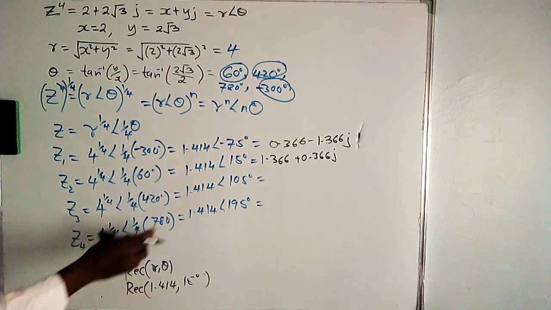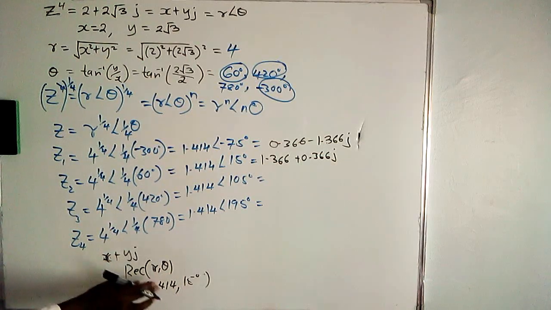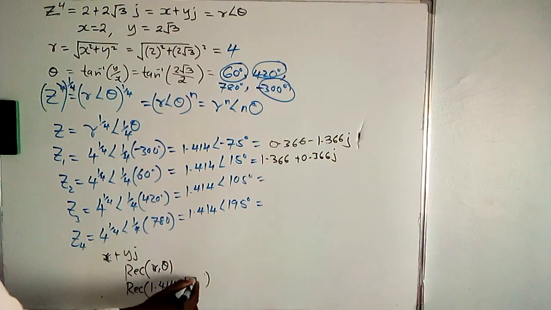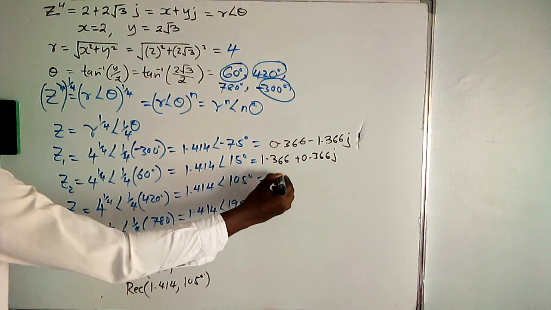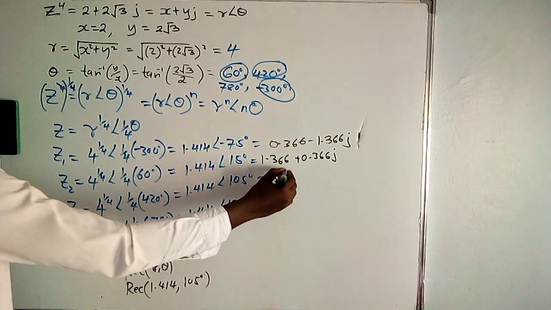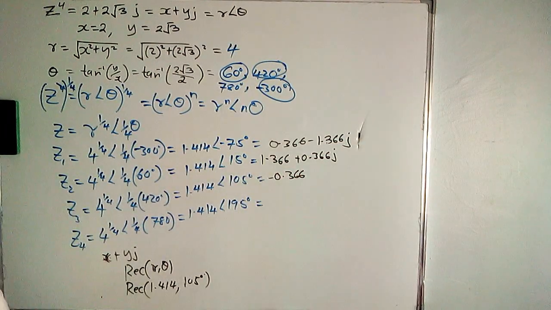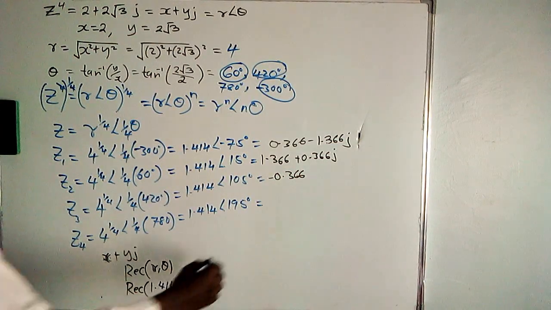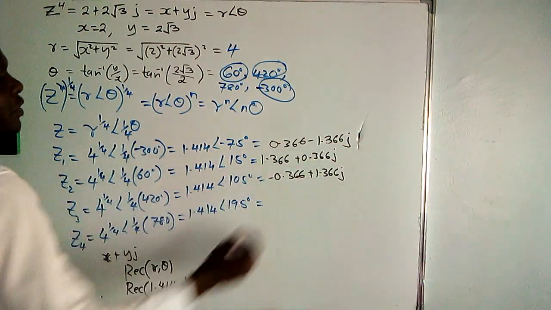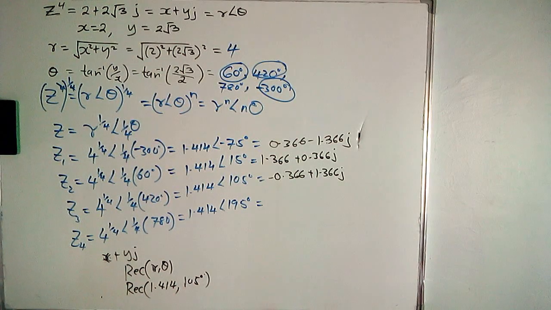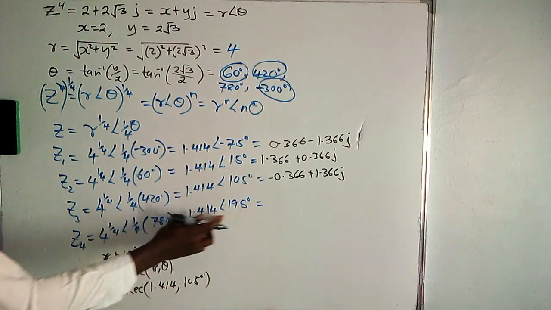So let us move to the third one. The rectangular form of 1.414, comma, 105 degrees. We have x is negative 0.366 and y is positive 1.366j. So that is the form x plus yj or a plus bj.